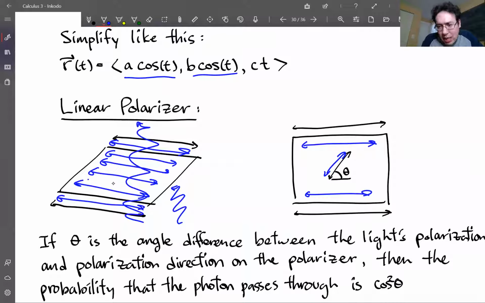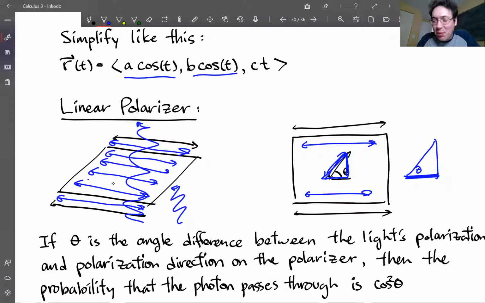Well, the probability that it passes through is going to be, you can make a right triangle like this, and it's proportional to the square of the component projection.